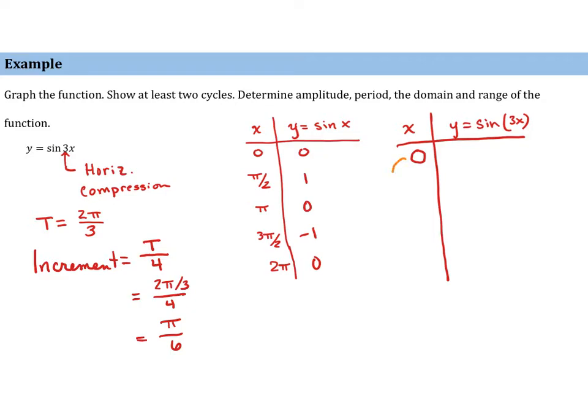So we will move pi over 6 between each of these. So 0 plus pi over 6 is pi over 6. Now I'm going to add pi over 6 more to that. So one thing that you'll be aware of is, let's keep the denominator as 6 until we're ready to finally simplify things. So pi over 6 plus pi over 6 is 2 pi over 6. And then 3 pi over 6. And then 4 pi over 6.